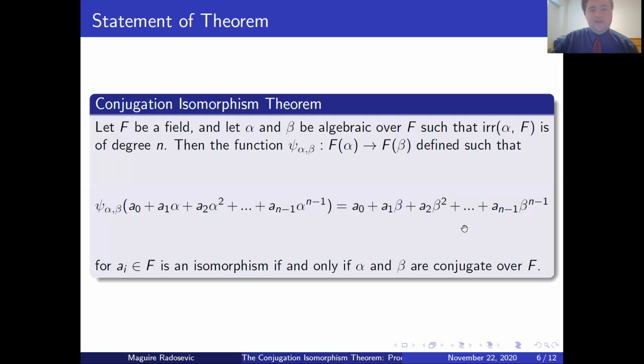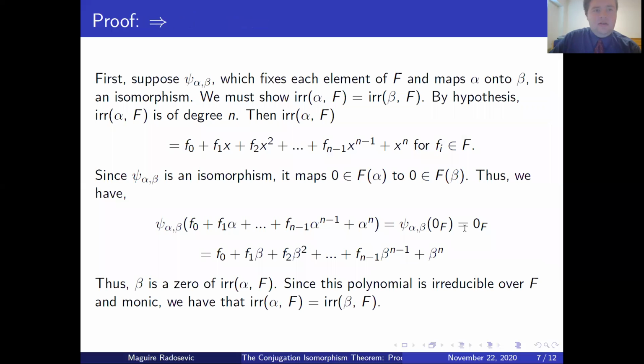Well, it's an isomorphism, as we'll demonstrate with the proof, if and only if these two elements are conjugate over F. The forward direction proof is pretty straightforward. In the forward direction, we assume that this map that we described is an isomorphism with all the properties associated therewith. Our goal is to show that the irreducible polynomials of these two elements are the same, show that they're conjugates.